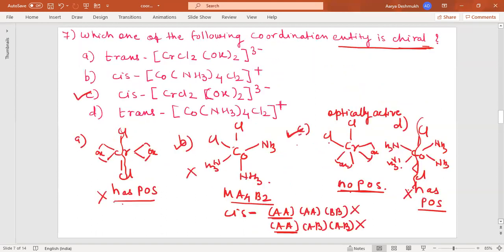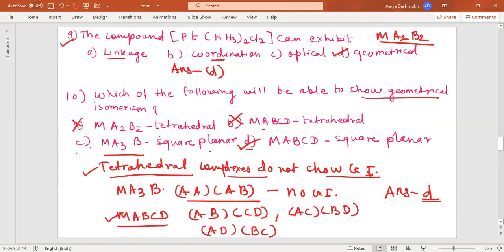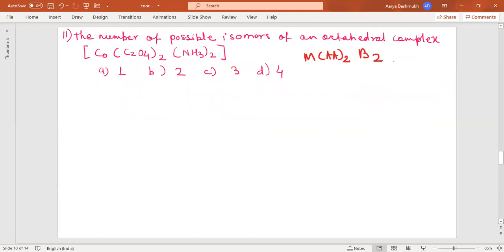So the answer for this is C, that is 3. It has already been discussed in question number 6.